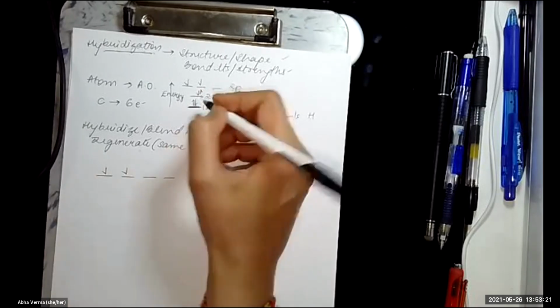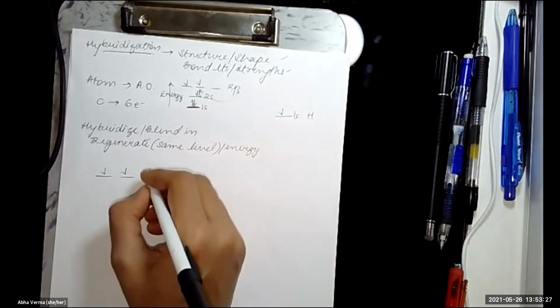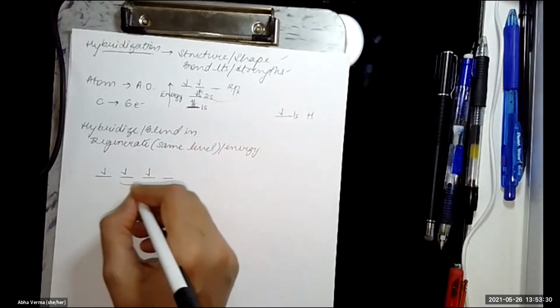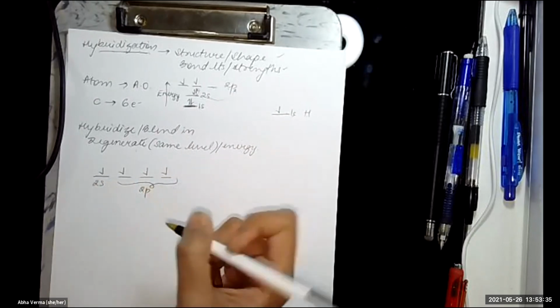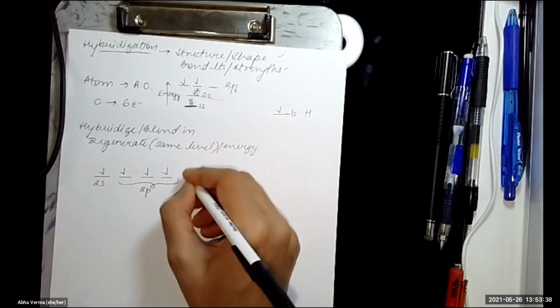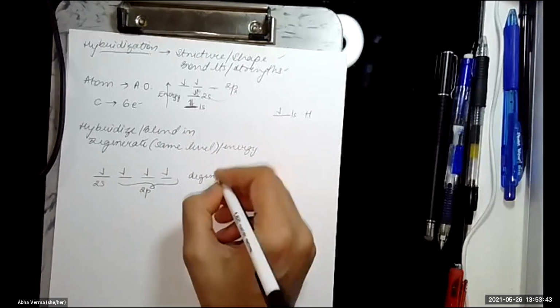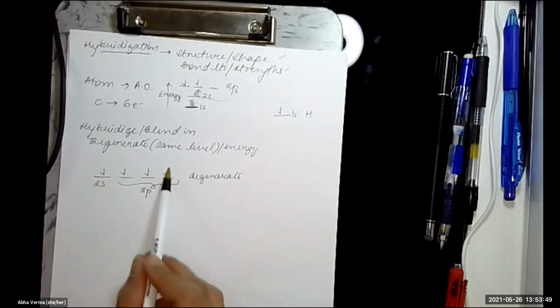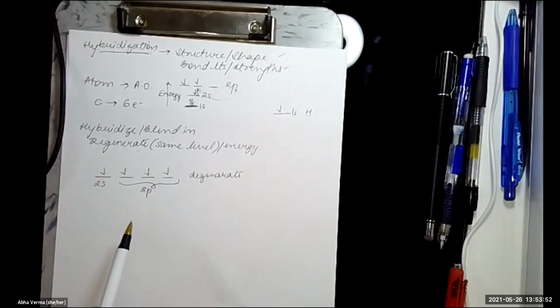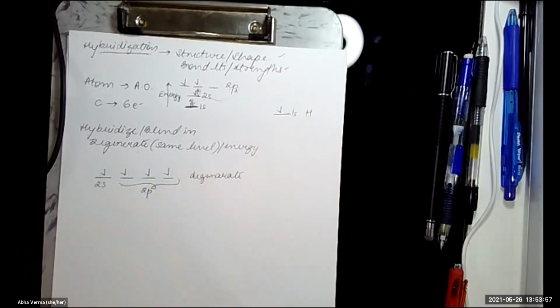I'm not going to redraw this. One of these electrons gets promoted to the p, and this 2s is left behind. But when one gets promoted, they become degenerate. All of these are on the same level. How many hydrogens come and fill these orbitals up?